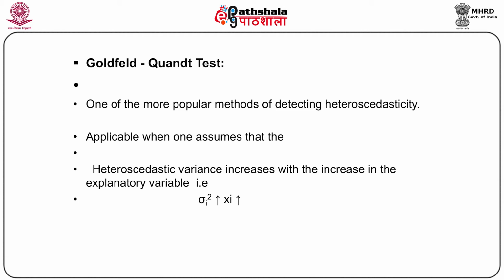In other words, we only use this test if we have reasons to believe that the heteroscedastic variance has a positive correlation with the explanatory variable. That is, sigma i square increases as x i increases.